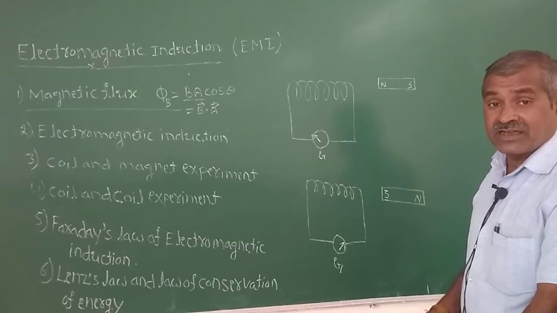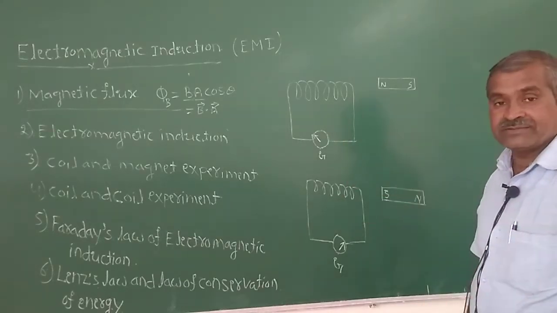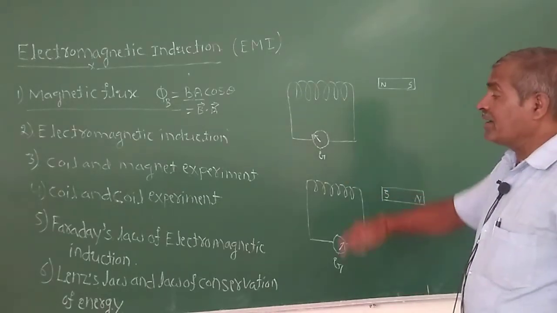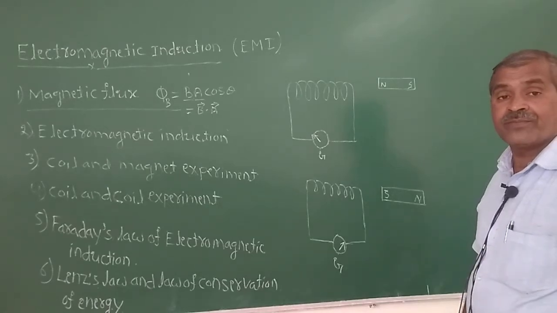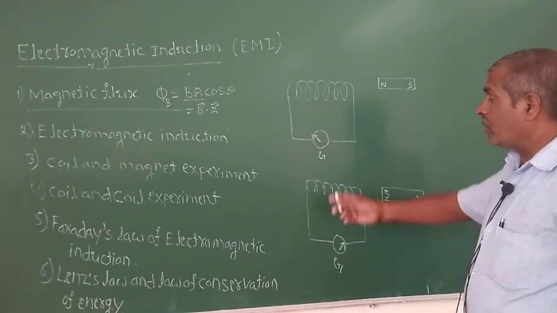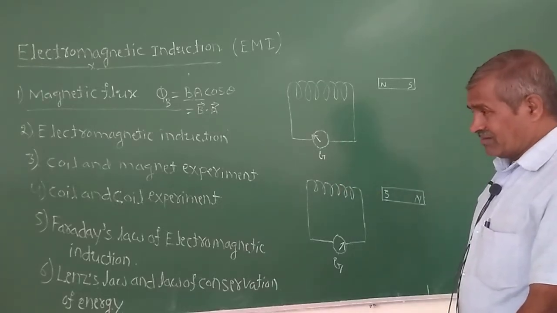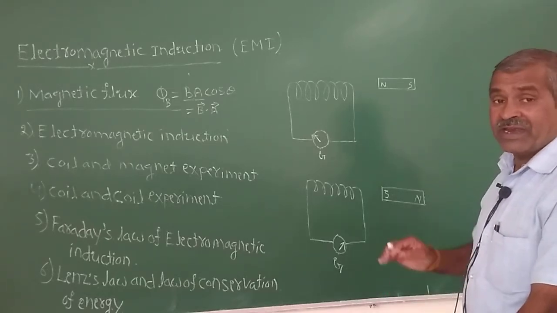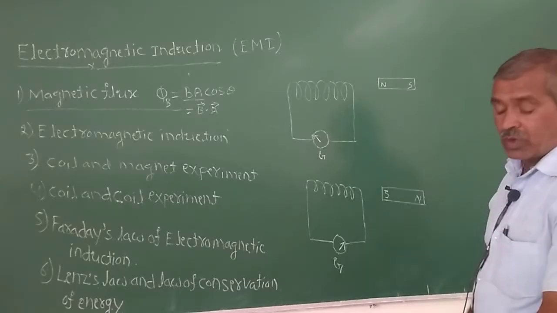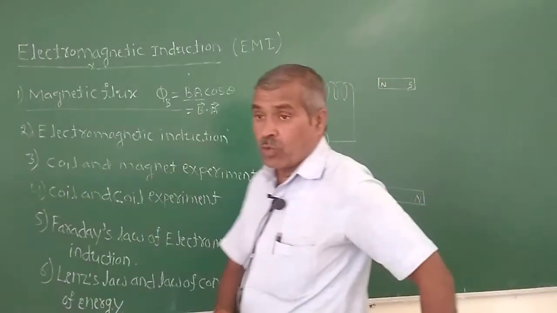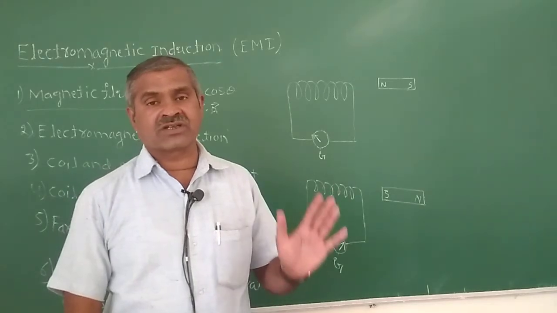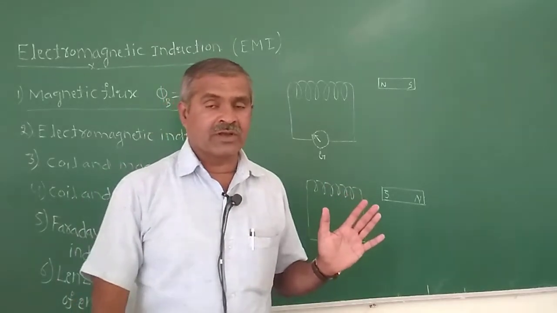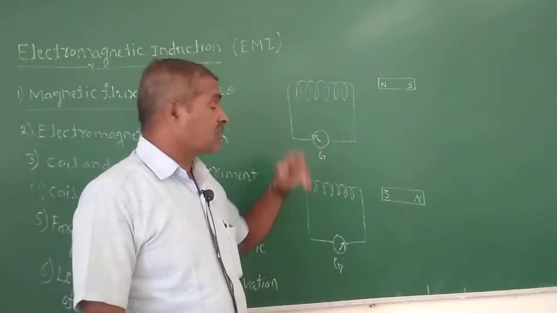Because of what? The change in the magnetic flux linked with that coil. Therefore, the galvanometer shows deflection. It means that of these two, whichever is moving, with the other kept constant, induces an EMF in the coil.